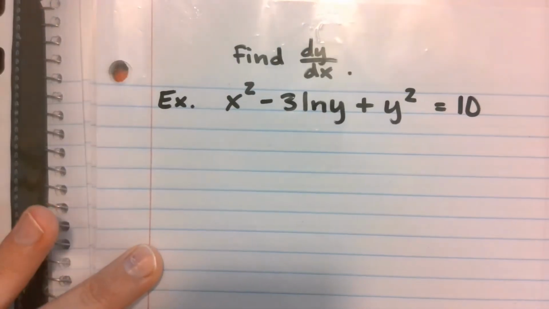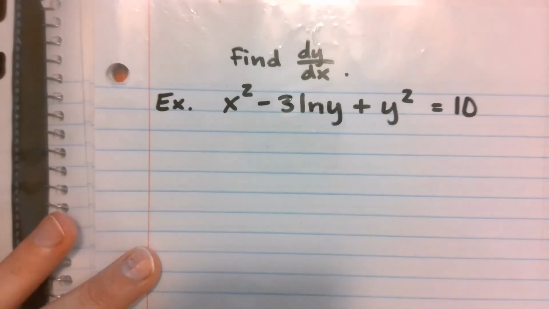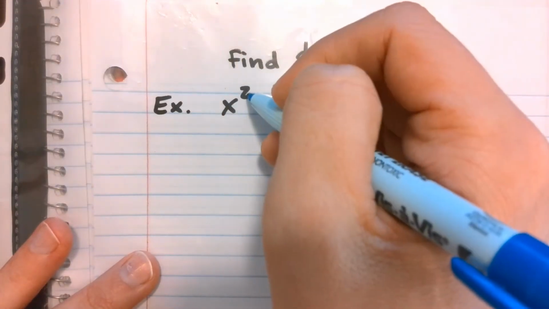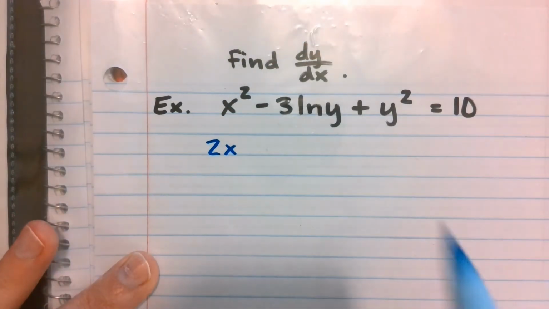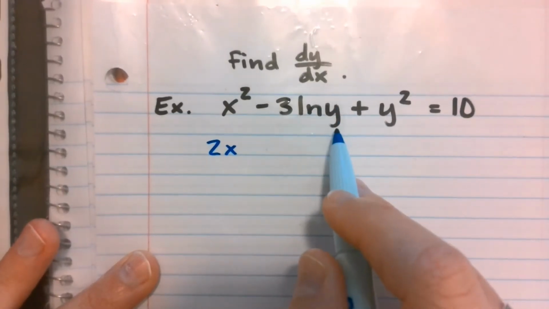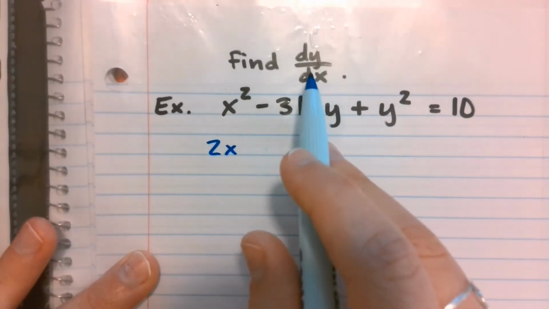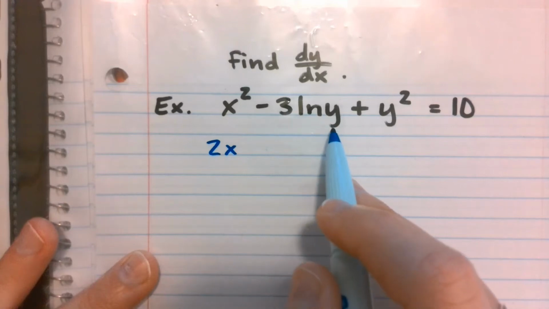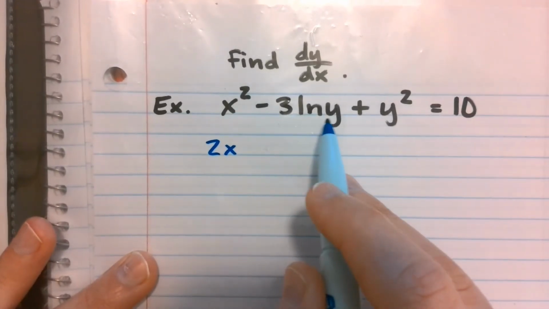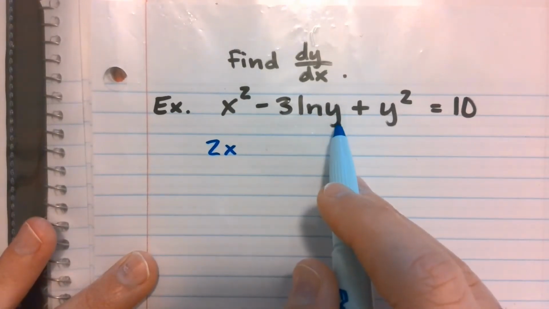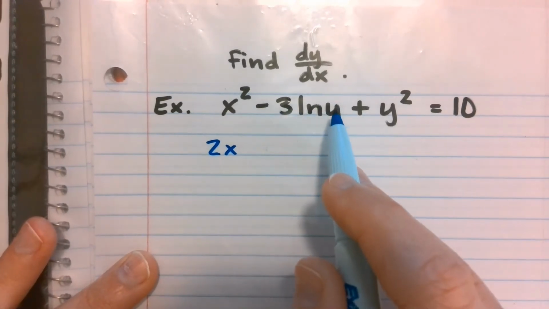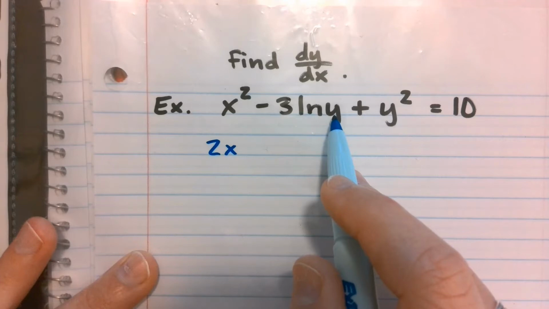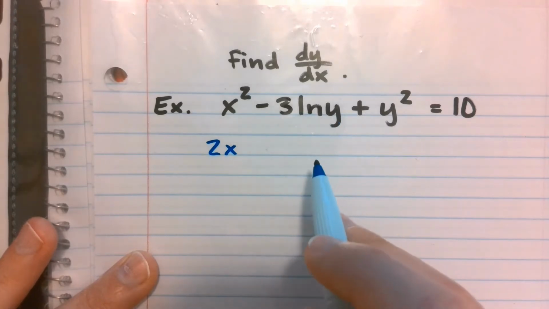Remember that anything that just has x's in it, we're going to treat like normal. So if I'm differentiating and I've got this x squared, I'm just going to say 2x. Anytime I get something that has a y in it, I'm going to include that dy dx for the derivative of that, kind of using the chain rule. So my -3 natural log of y, for the natural log of y, my derivative is going to be the derivative of y, which is dy dx, over y.